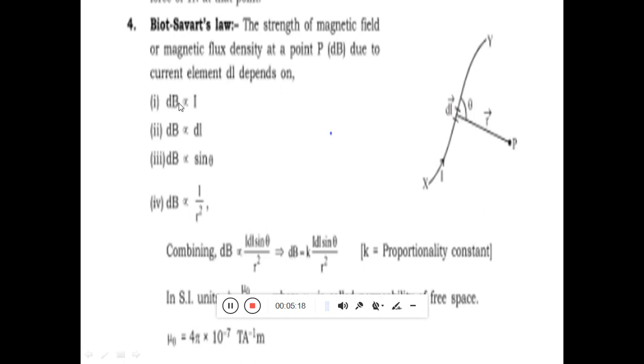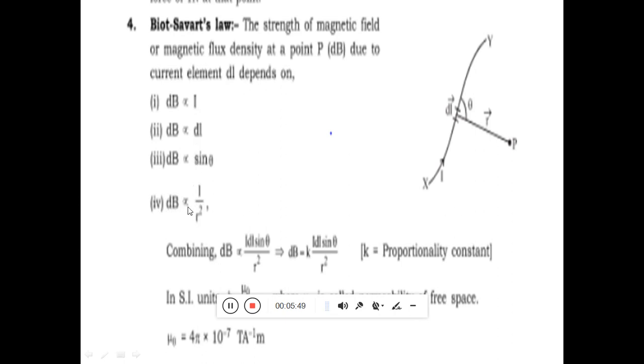So dB is proportional to I. Second, the small magnetic field due to that small element is directly proportional to dl. dl is the length; more the length of that element, more would be the magnetic field. Third, dB is directly proportional to sine theta. And fourth, dB is inversely proportional to the square of the distance. More the distance, lesser would be the value of magnetic field.